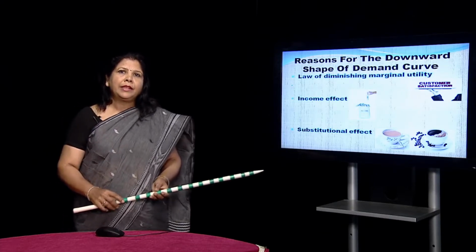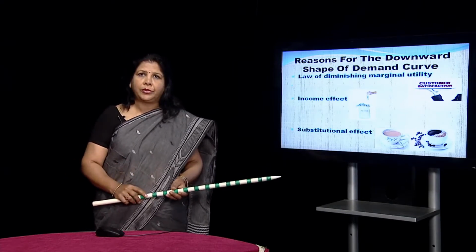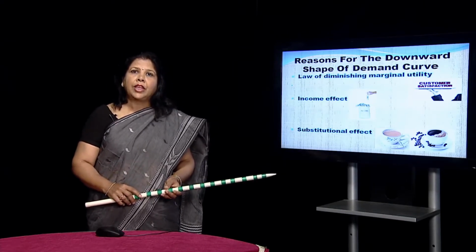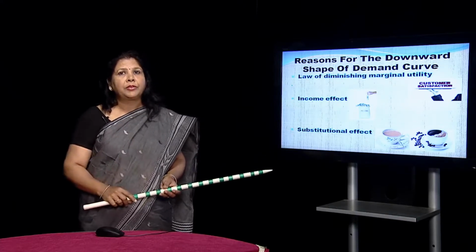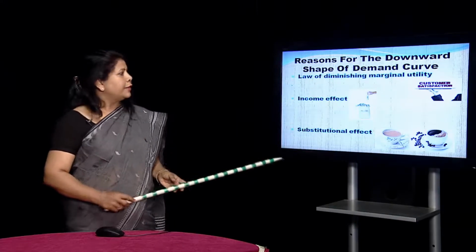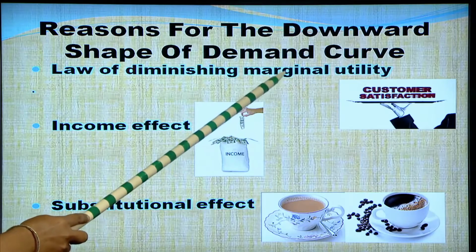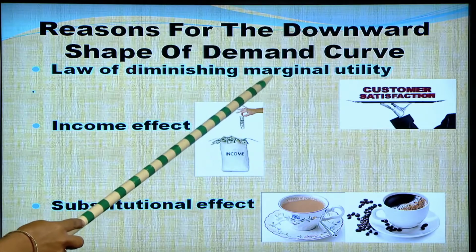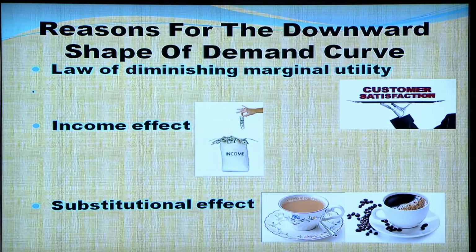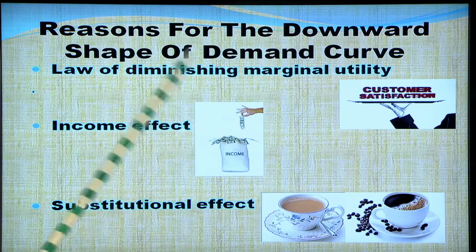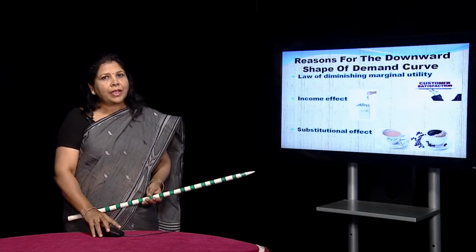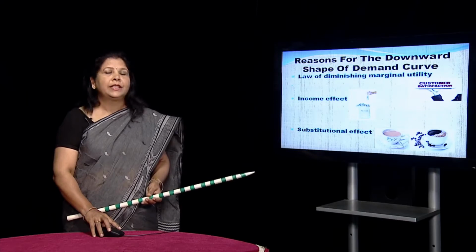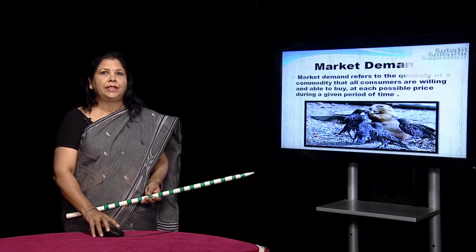At this level, it is just sufficient for you all to know that the shape of the demand curve is downward sloping from left to right because of 3 explanations. First is the law of diminishing marginal utility, the income effect and the substitution effect. When we go to the next level of education, we shall discuss these in detail.